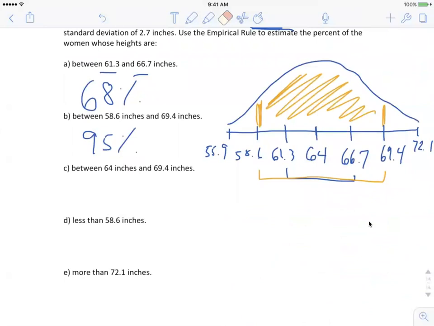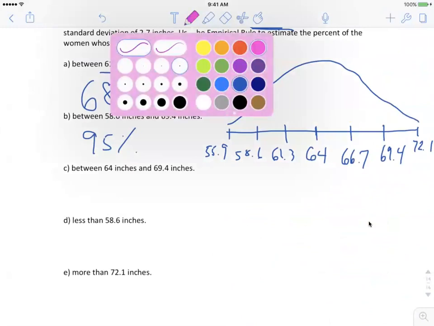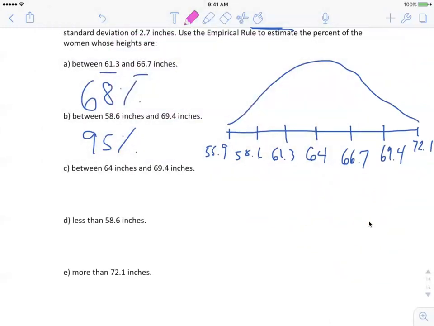Next, between 64 and 69.4. Let's clean this up, and I'm going to go pink for this one. 64 to 69.4, that area there. Well, 64 is the mean, and 69.4 is 2 standard deviations above the mean, but not below.